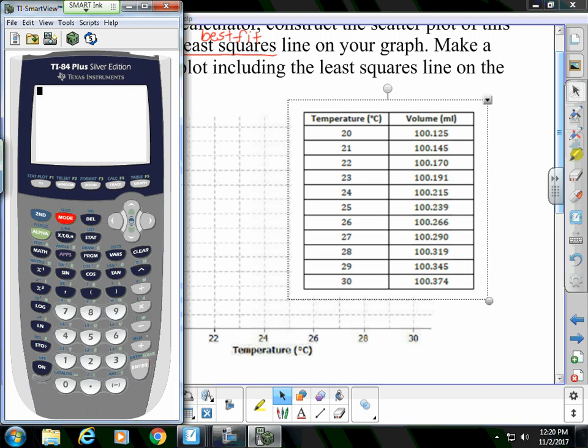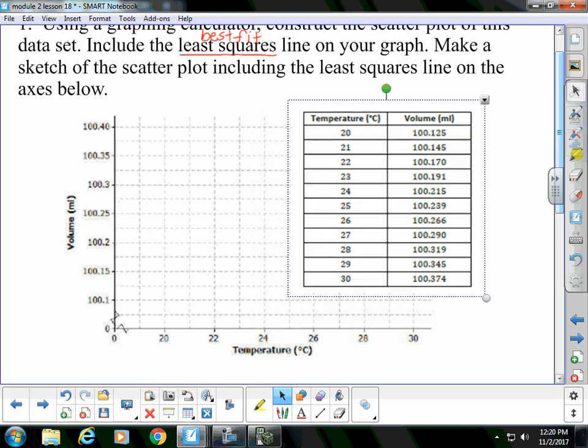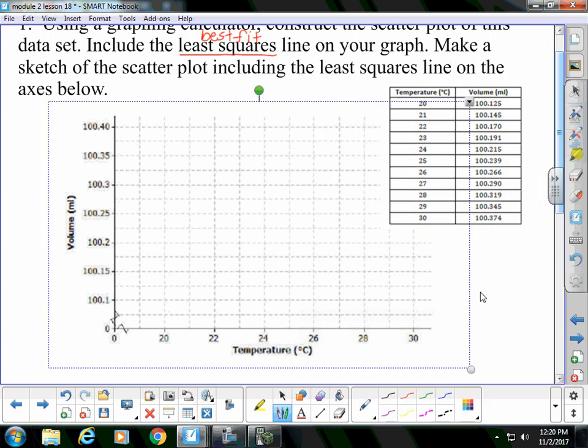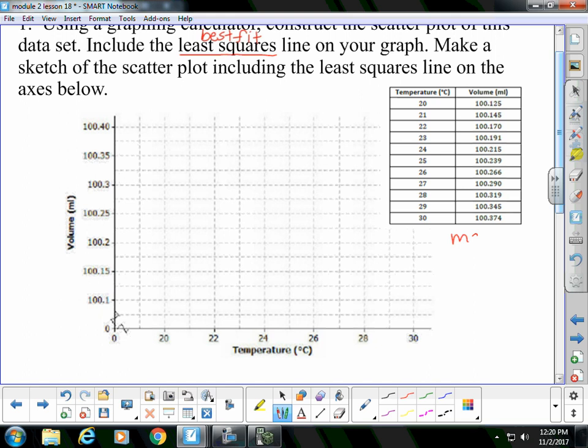Now to actually make a scatter plot in your graphing calculator, the next thing you're going to do is the first new thing. So this is to make a plot in the calculator.